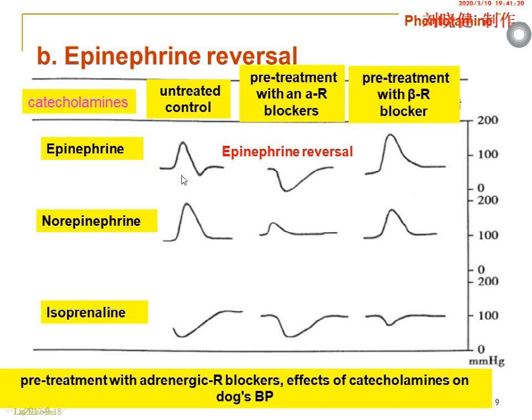Understand? But before administration of epinephrine, if you administer a dose of alpha receptor blockers and then you administer epinephrine, the dose is the same as this. So the blood pressure will change like this, just decrease. This phase 1 increase of blood pressure disappeared.